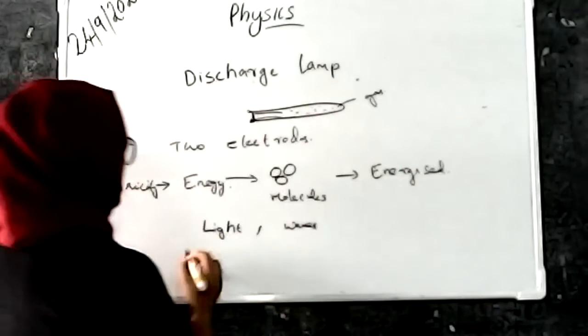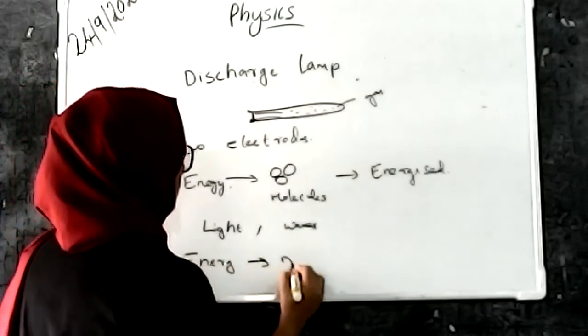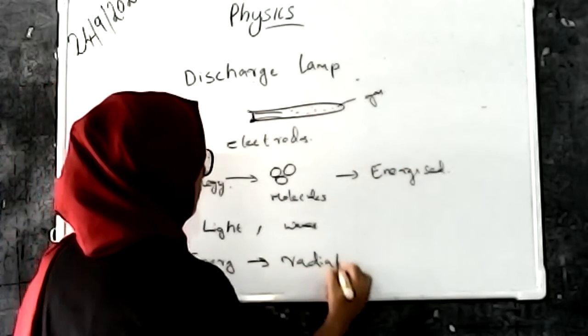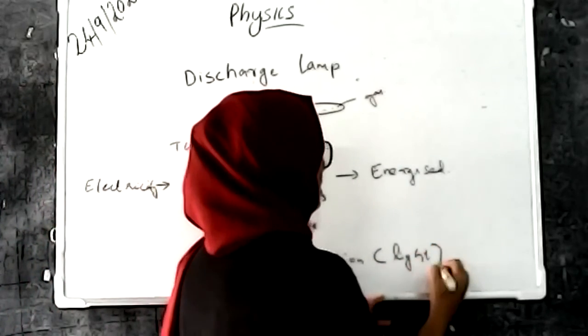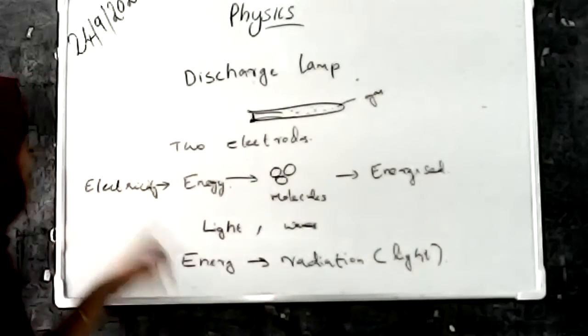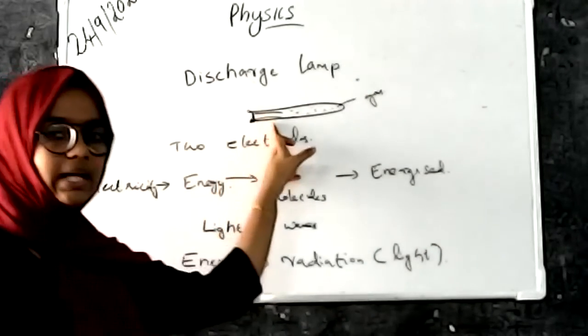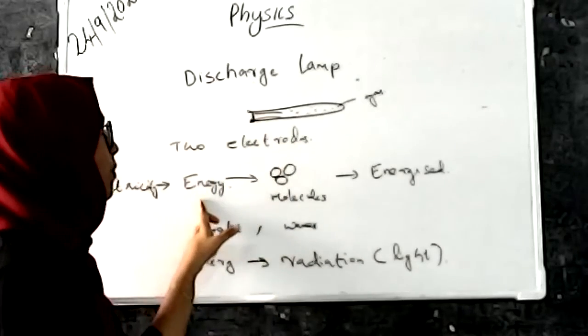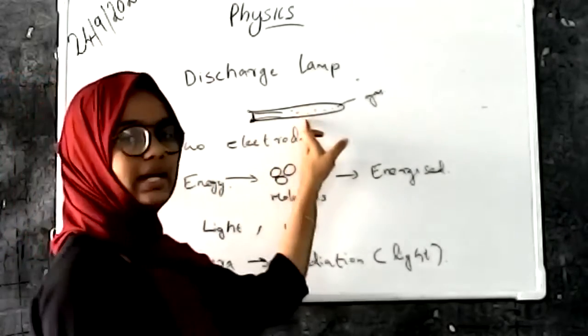So the energy here is transformed as radiation. That is, electricity is given through the discharge lamp. The molecules in the discharge lamp get energized through the electricity.